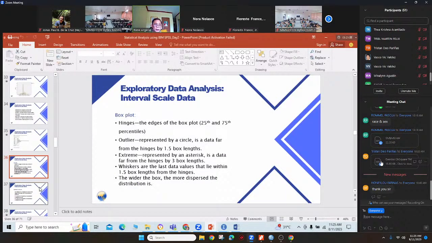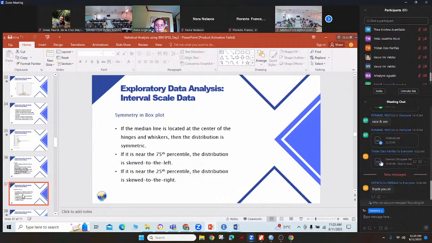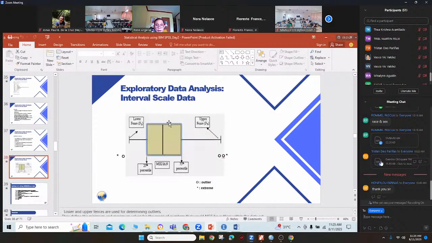I think this has already been explained, the box plot. Symmetry in box plot, I have discussed this already. If Q2 is near the 75th, skewed to the left. Near the 25th, skewed to the right. This is when you present the box plot horizontally.